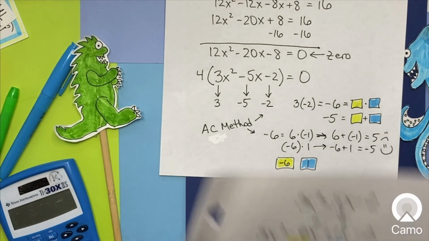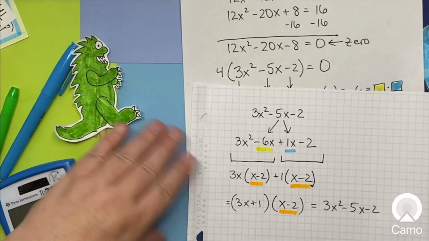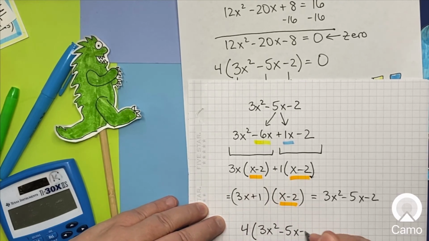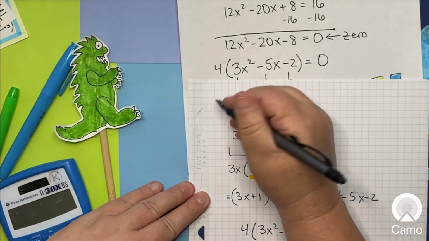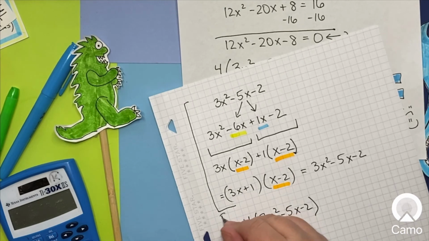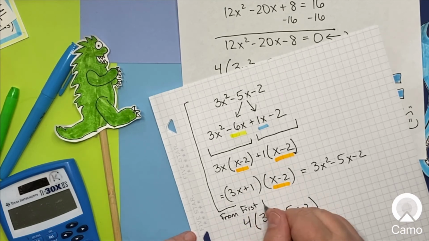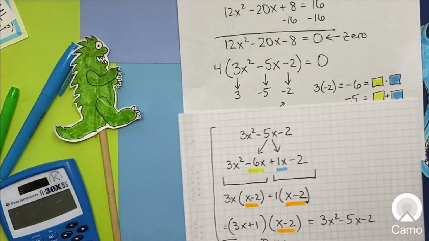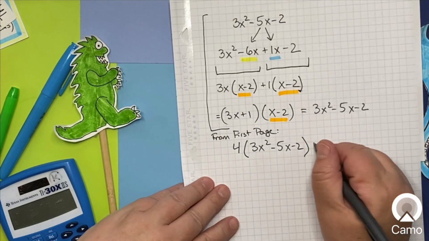There you go. Okay. So we had 4 times 3x squared minus 5x minus 2. From the first page, we had that equal to 0.